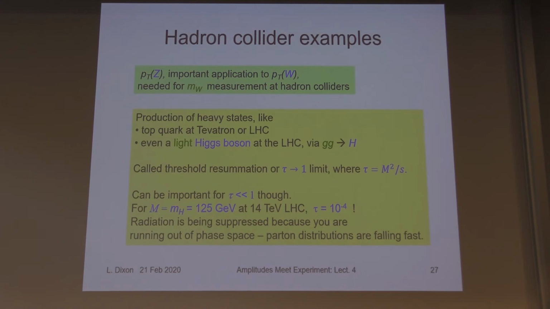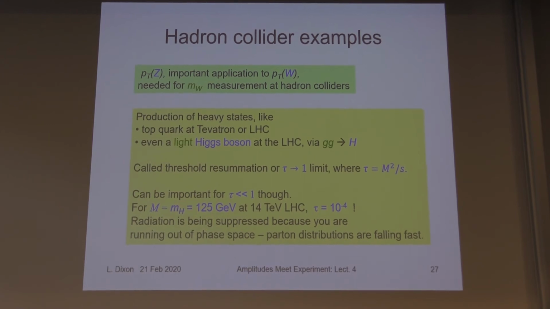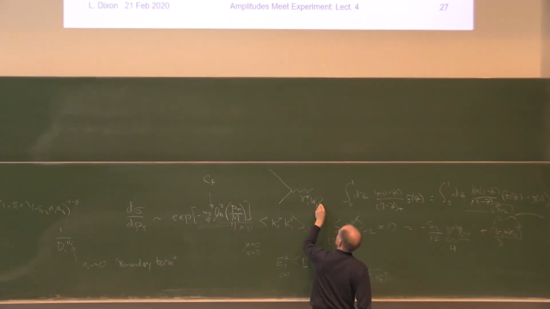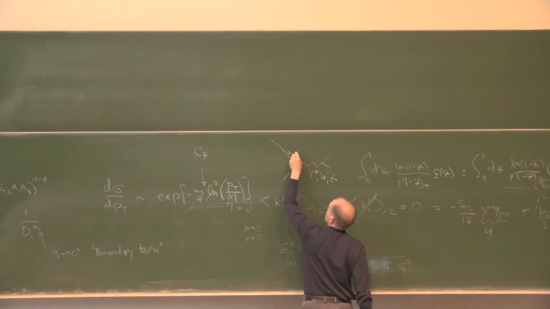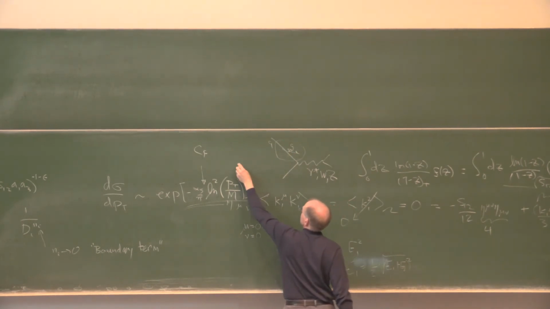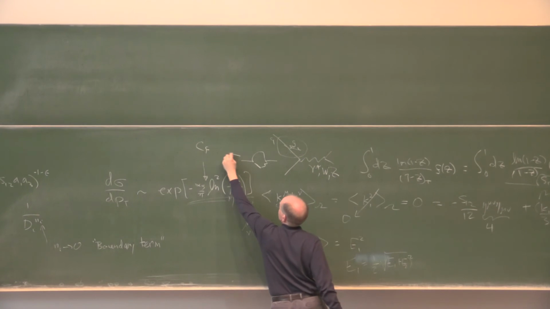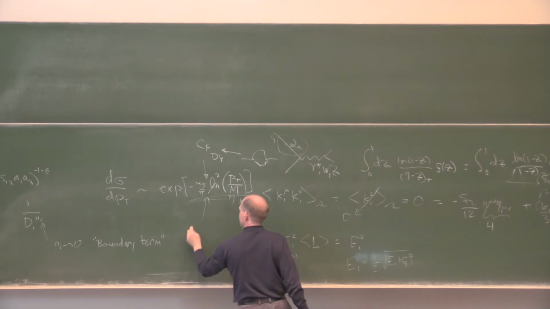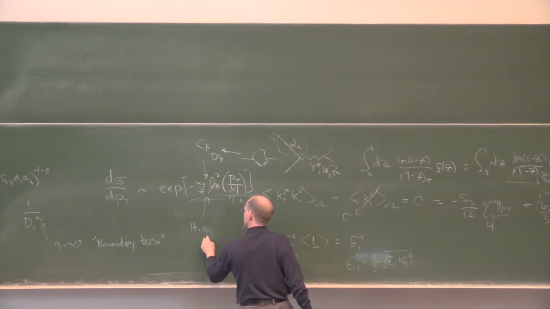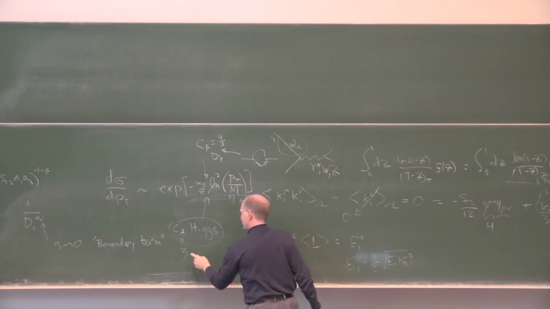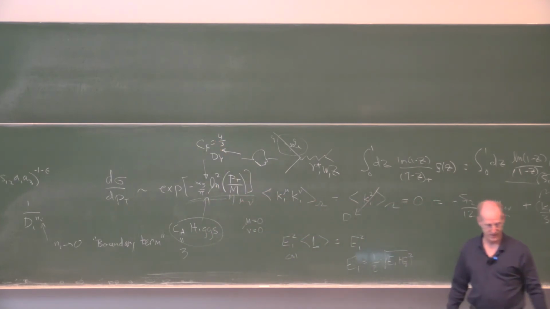And the color factor that's relevant is CF for Drell-Yan production, because you are radiating off gluons. And the color factor that comes from squaring this is that factor CF we saw before. So that would be CF for Drell-Yan. And for Higgs, it would be CA. And since this is 3 and this is 4/3, the effects are much bigger for the Higgs case.